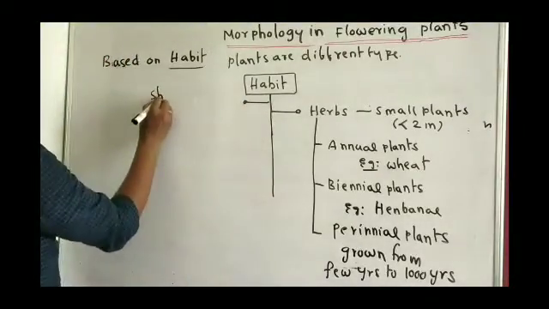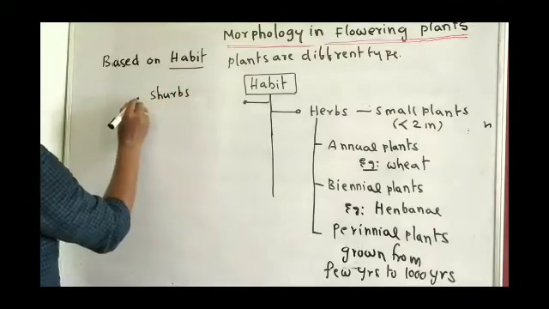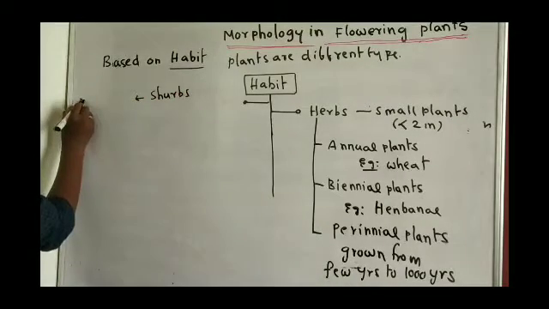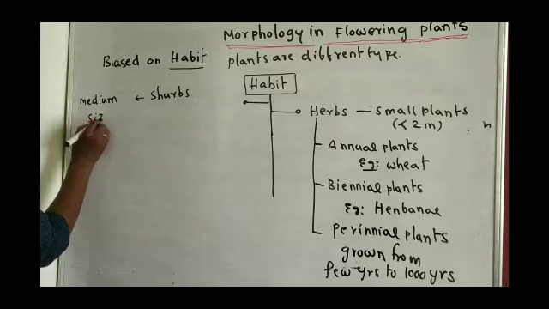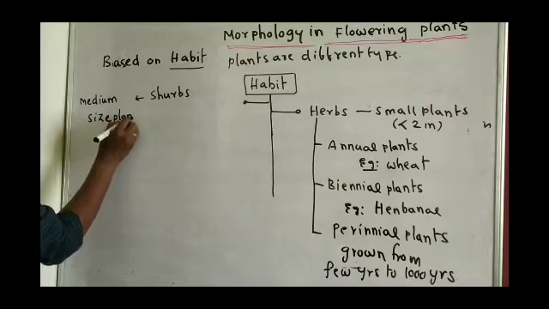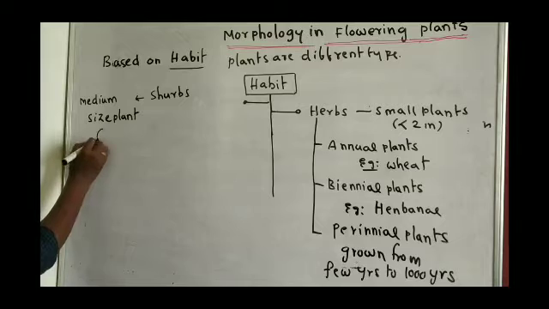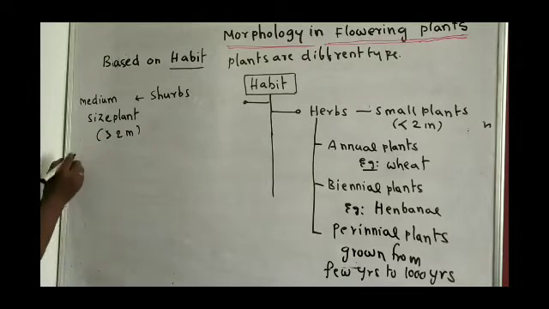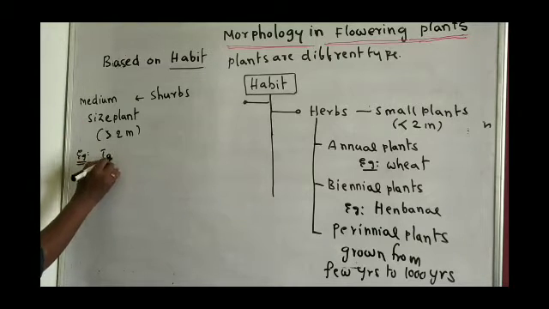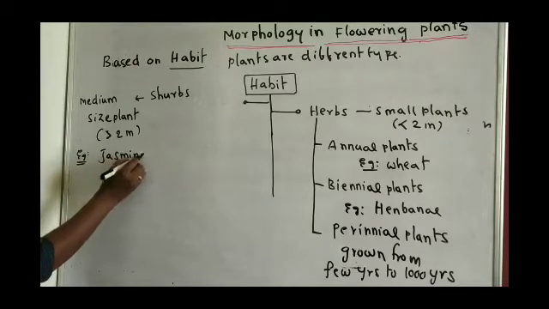Shrubs. Medium sized plants. They grow more than 2 meters. Example for the medium sized plant, jasmine and rose plant.